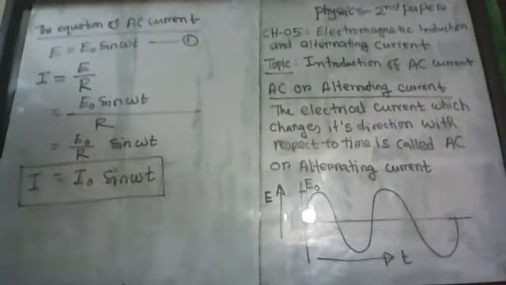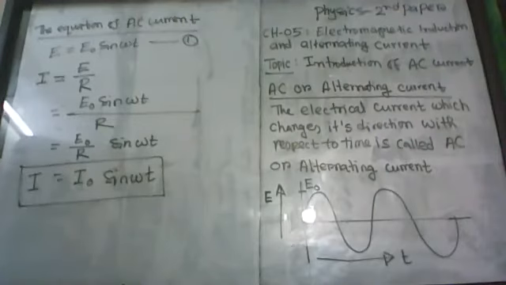Now you see, boys and girls, in this equation I naught is known as the peak value or maximum value of AC current.